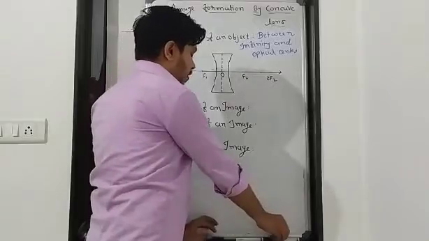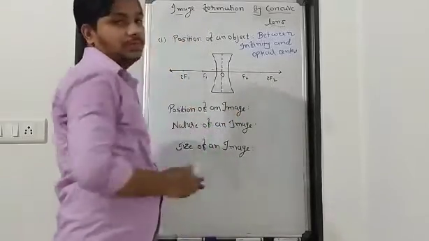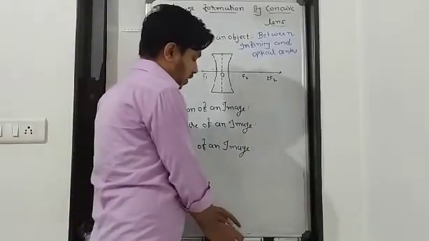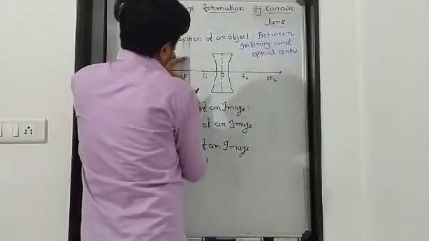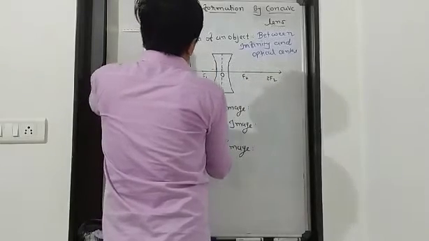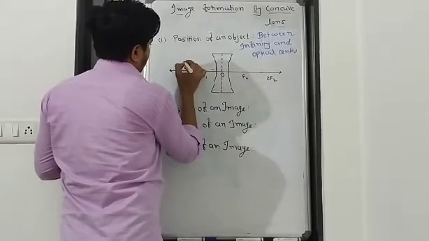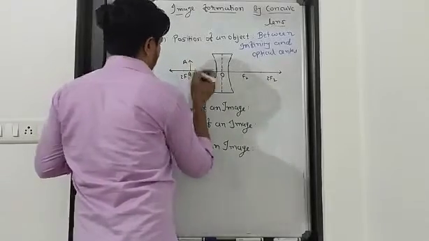So you can put an object at any place from O along this principal axis. So I am just putting my object here. You can put it anywhere. So here it is an object. Give it the name A, B.